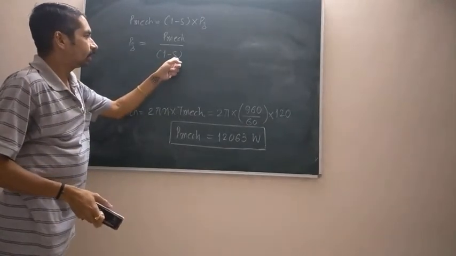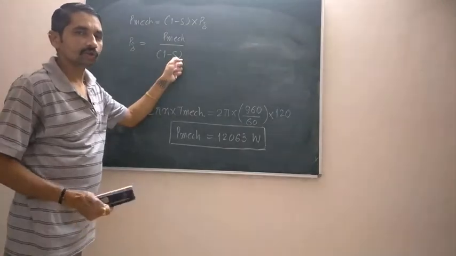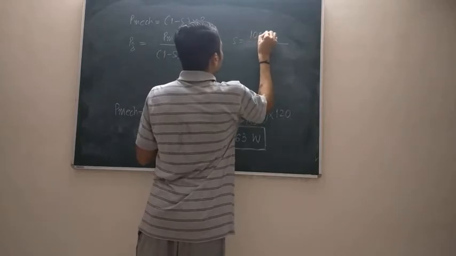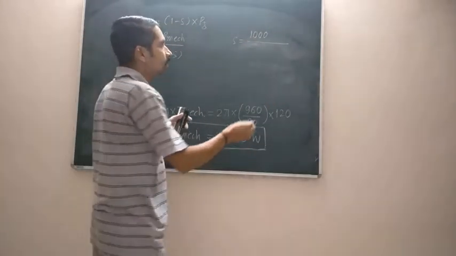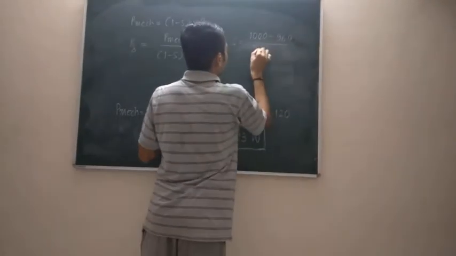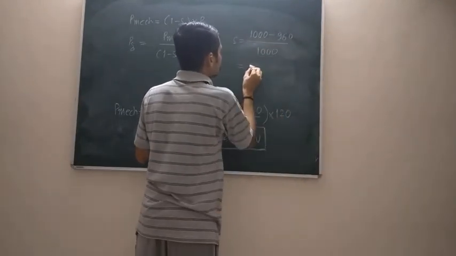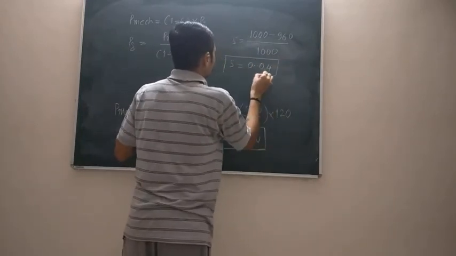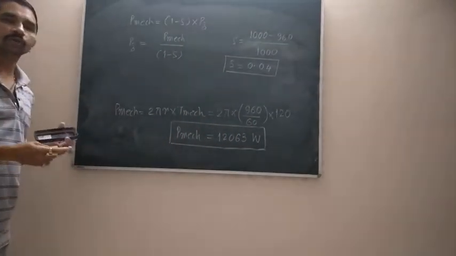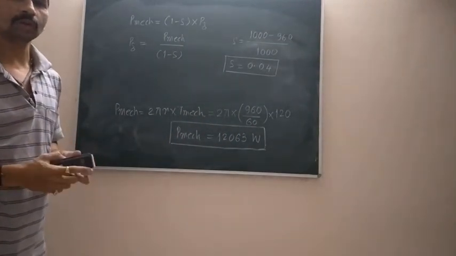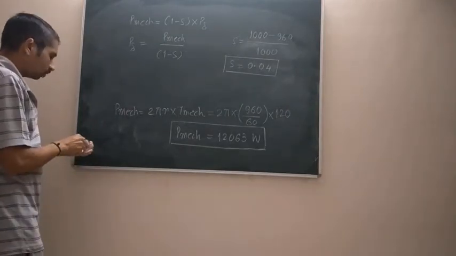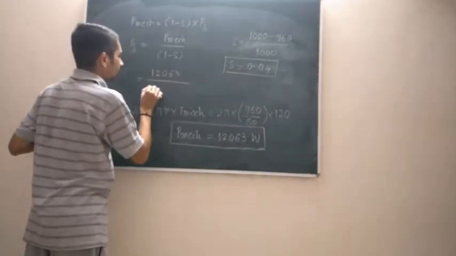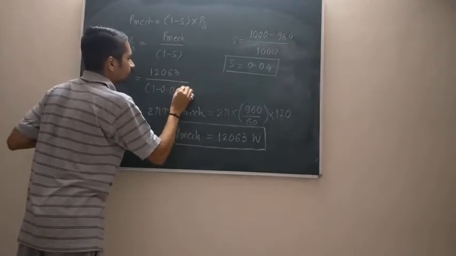Now the one short step that is remaining is the calculation of the slip. So I will explain it over here. Slip is equal to the synchronous speed, which will come out to be 1000 rpm, minus 960, upon 1000. So the answer comes out to be 0.04. So the slip at which the motor is operating is 4% or 0.04 per unit, and therefore the air gap power will be the mechanical power upon (1 minus 0.04).